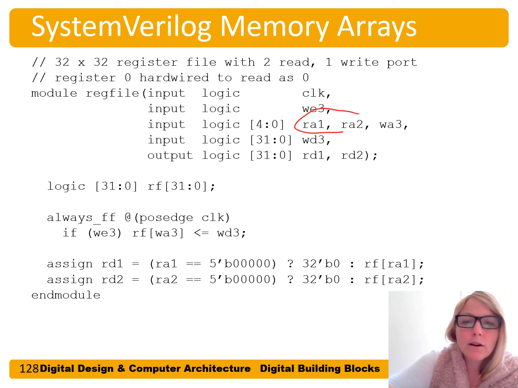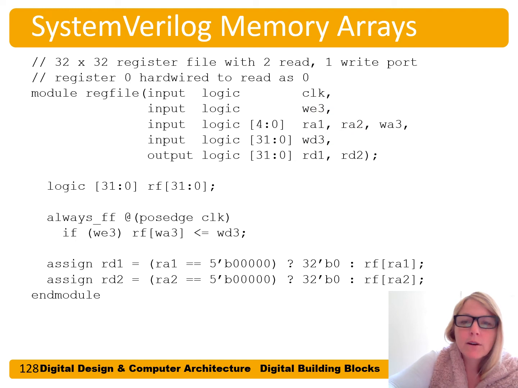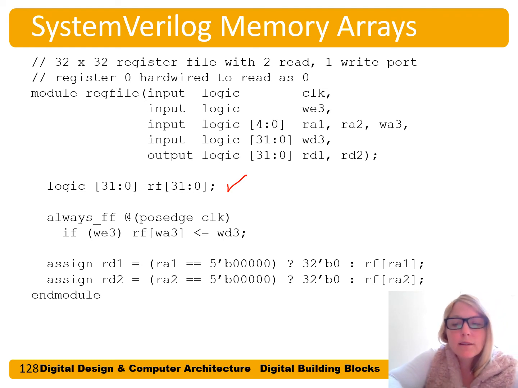The read ports RA1, RA2 are the 5-bit addresses, and the corresponding data read from those 2 read ports is RD1 and RD2. Then we have our signals for our write port: write address 3, write data 3, and write enable 3. And here's our single array of memory that stores all of the memory.